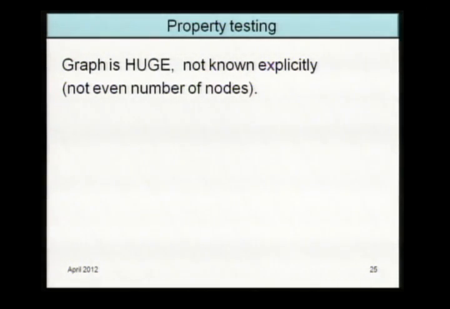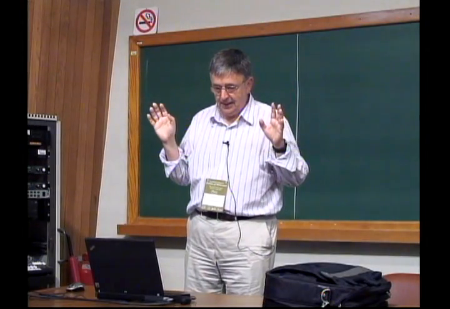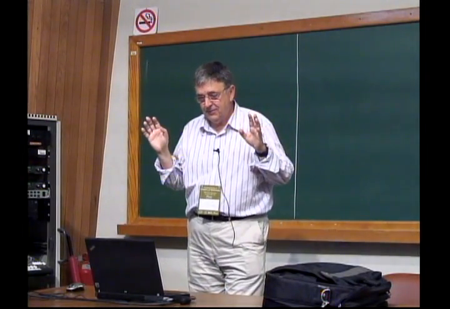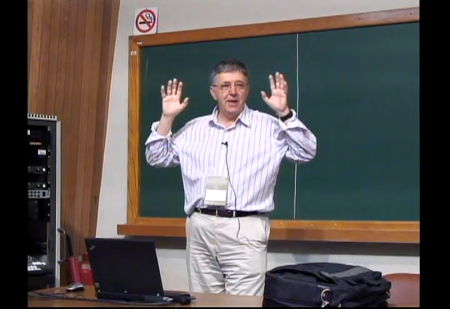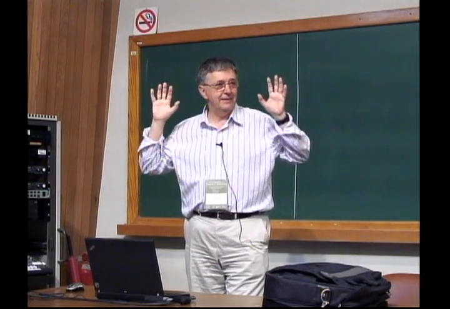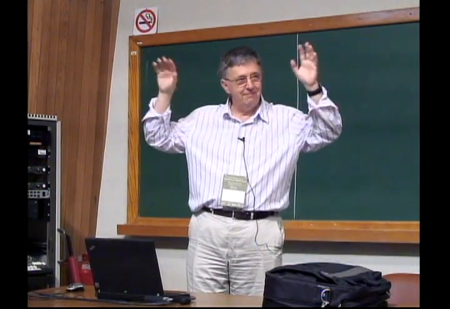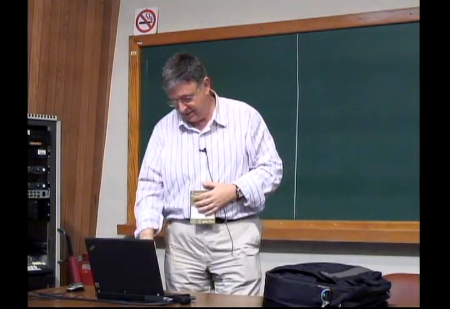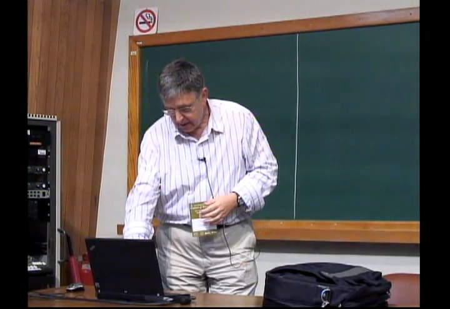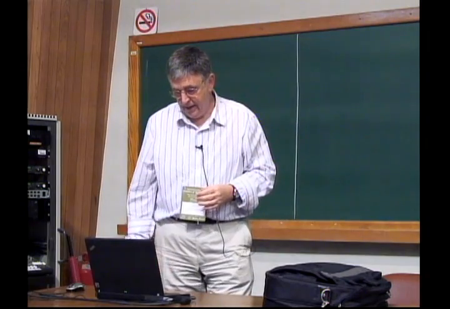Think of billions of nodes. And it's hopeless to know it explicitly. Think of the internet. You will never be able to map exactly the whole internet. There will always be fuzzy parts. So think of such a graph.